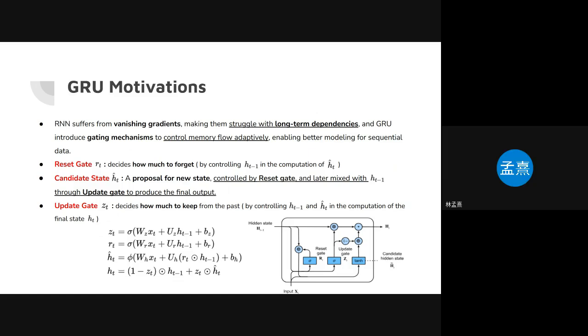So there are two kinds of scenarios. One is gradient explode. This is when the parameters are bigger than 1. So after each time step, it gets multiplied by a value bigger than 1.